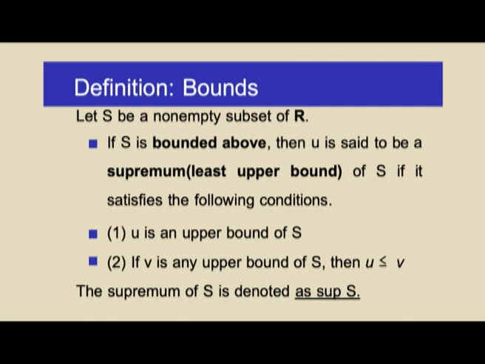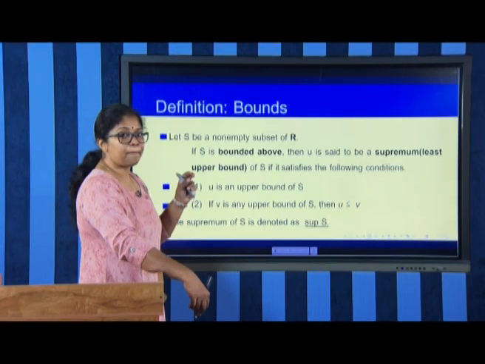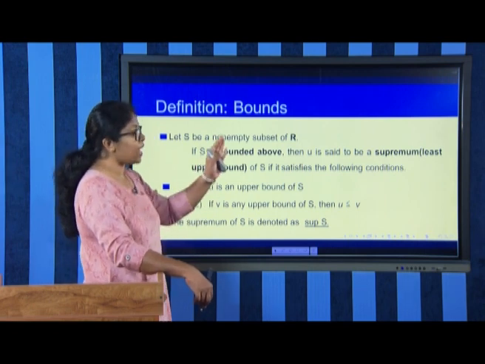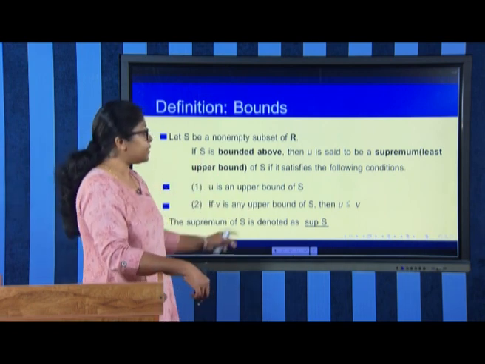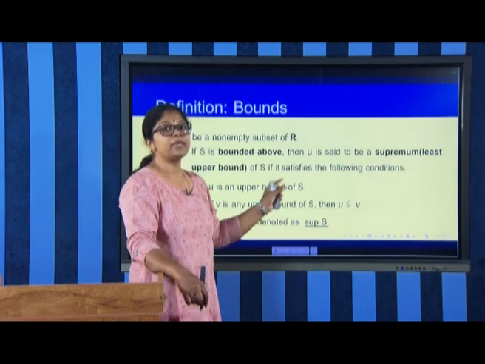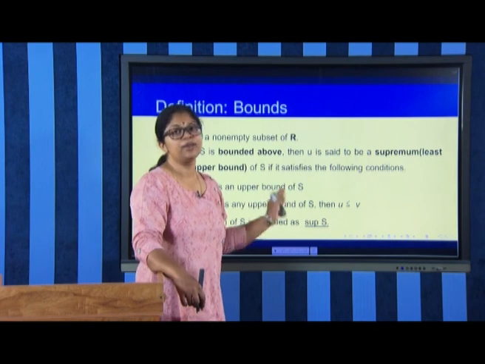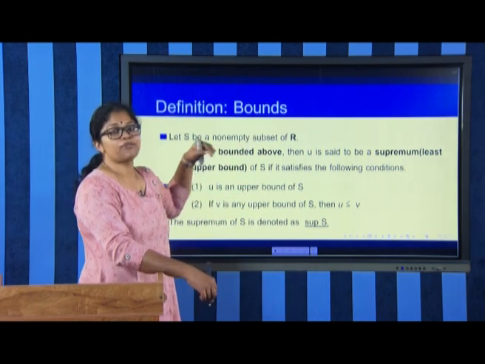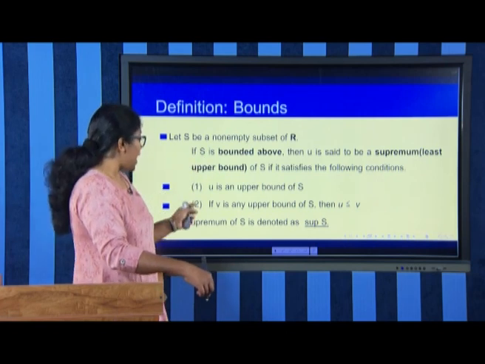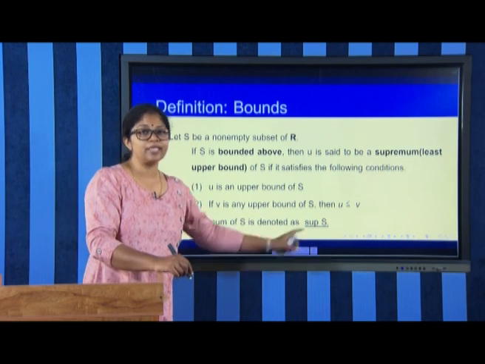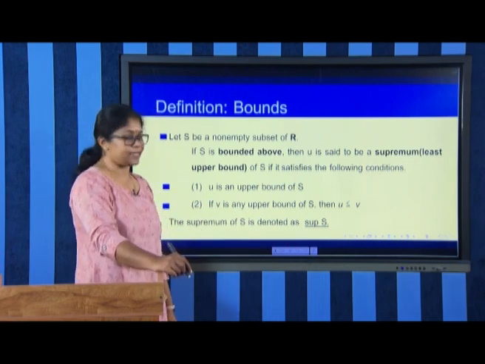The first condition being U is an upper bound of S, and if V is any other upper bound of S, then U is less than or equal to V. That means V should be greater than or equal to U, or U should be the least of all the upper bounds, and we denote the supremum as SUP of S, which is read as sup S in short.